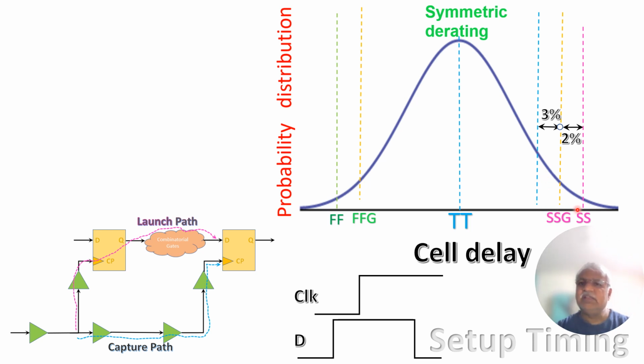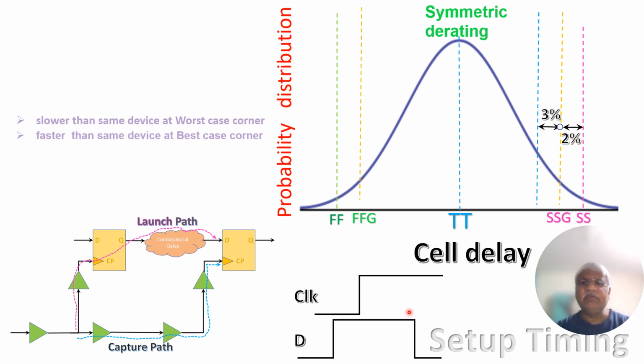These delays are larger than SSG. Hence, these are called late arrivals. These are called early arrivals. So we will figure out how, because of the introduction of the SSG, this STA process will be more helpful. Because now SSG derates are applied, both exist for early and late.